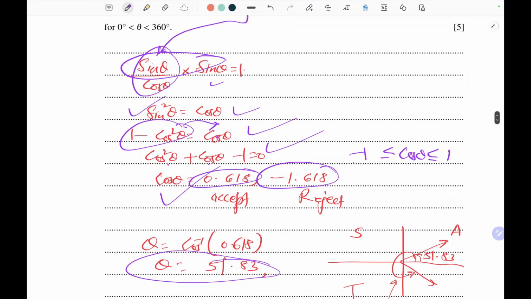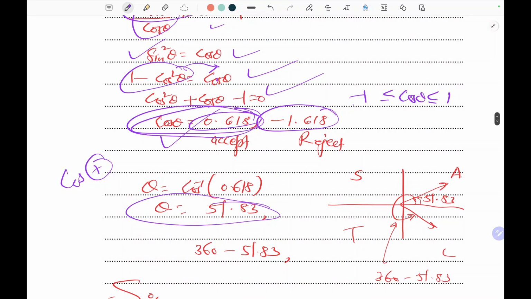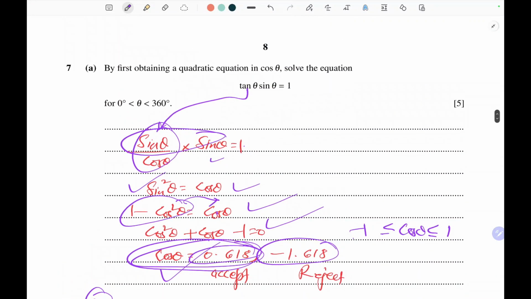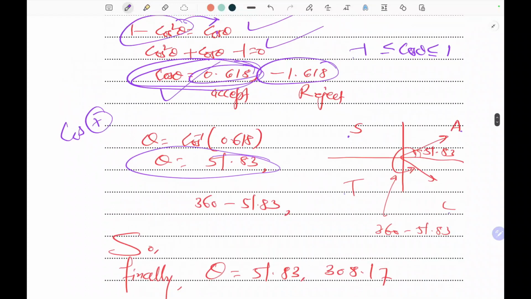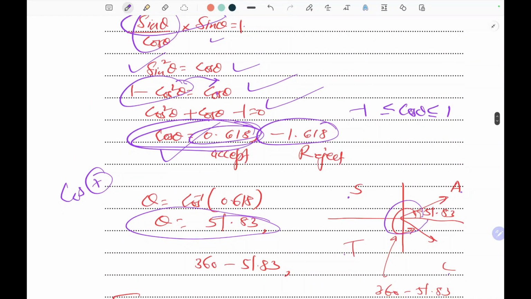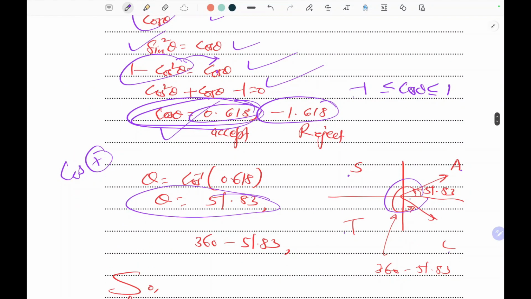Okay, that's great. So cos is positive, right? We know the CAST diagram: all positive, sine positive, tan positive, and cos positive. And we have angles between 0 and 360 degrees. It means one complete circle is valid for us. So the first angle is 51.83, and cos is positive in the first quadrant as well as in the fourth quadrant. So one angle is this and one angle will be this.